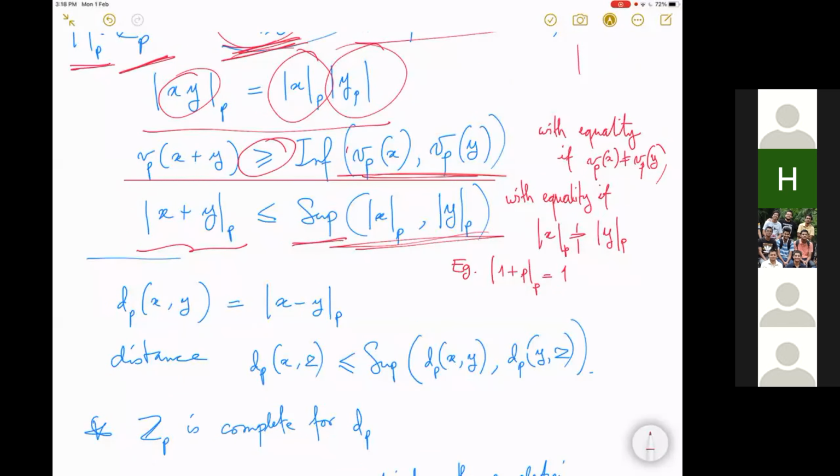And these are not just inequalities, they're actually equalities if the two valuations are different. Similarly, if the two absolute values are different, you have equality here. Here is an example. The p-adic absolute value of 1 plus p is the same as the p-adic absolute value of 1, which is 1, because the p-adic absolute value of 1 is 1, and the p-adic absolute value of p is 1 upon p.